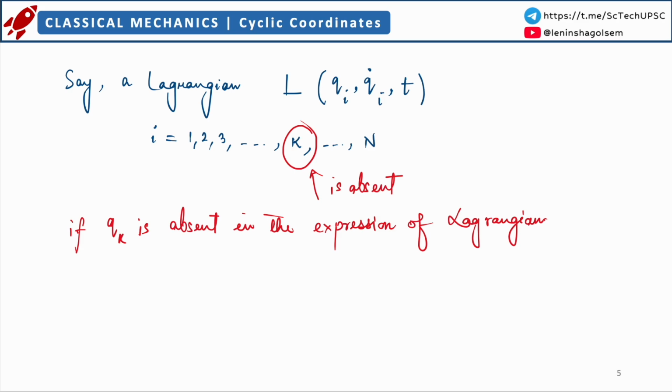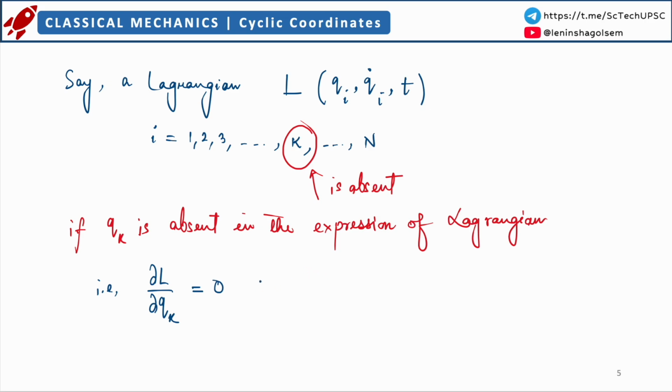In this case, since the Lagrangian L is no longer a function of qk, we can write del L over del qk to be simply 0.